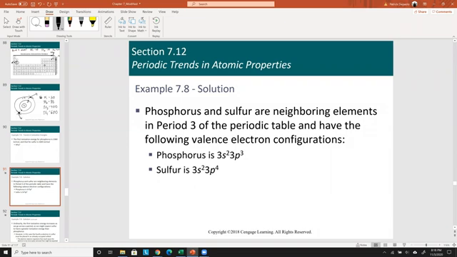Phosphorus and sulfur have these electron configurations. So if we draw them out in their orbital diagram, we'll do Phos for phosphorus, just not to get confused with the other P's and S's, and Sulf for sulfur. 3S, and then we have 3P.